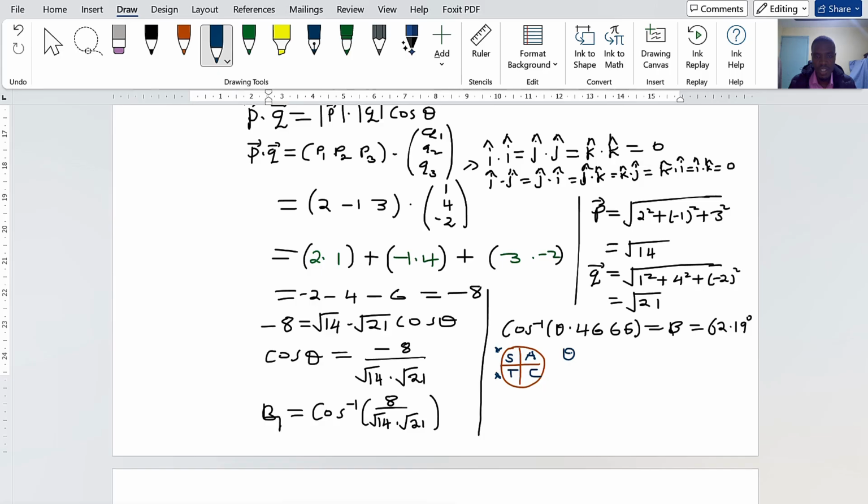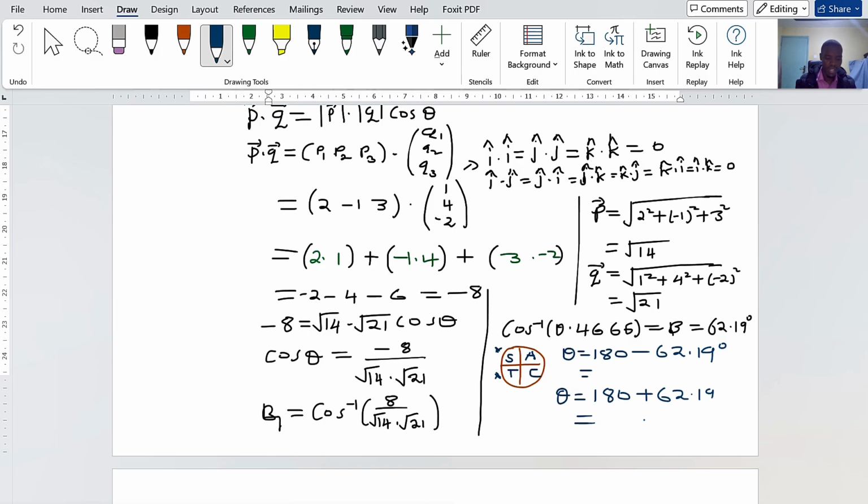Our theta is first 180 minus our acute angle 62.19 degrees. Our next theta is in this third quadrant, which is 180 plus our acute angle 62.19. So all this will give us negative cos.